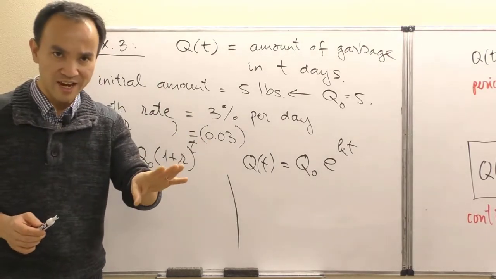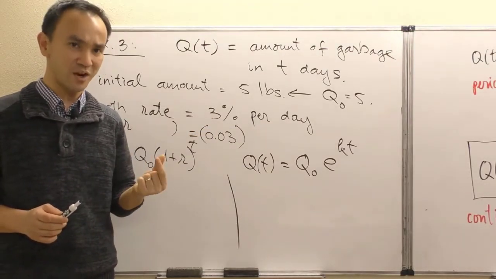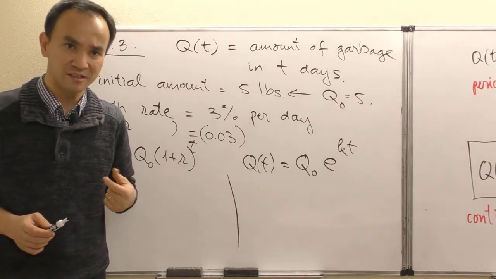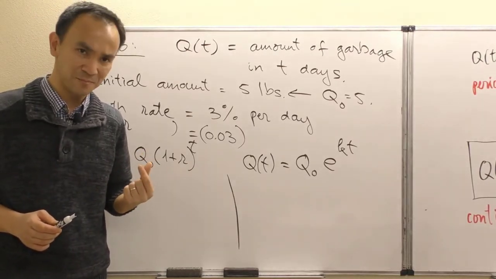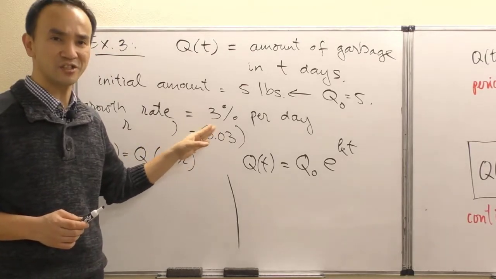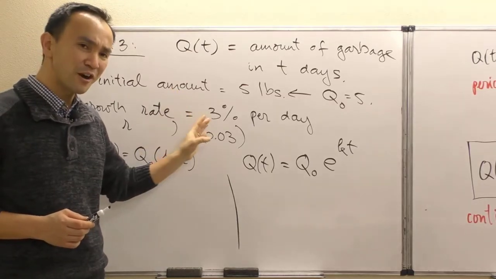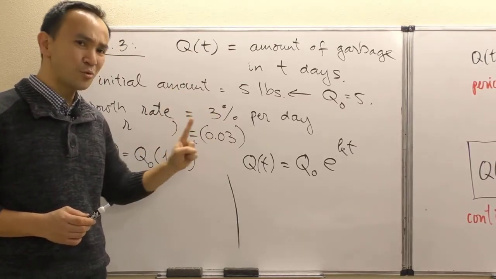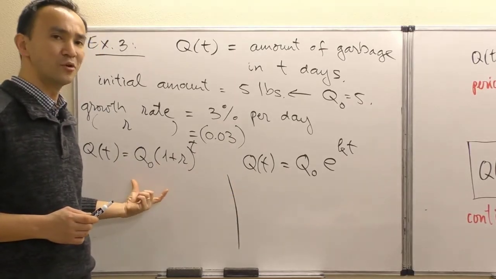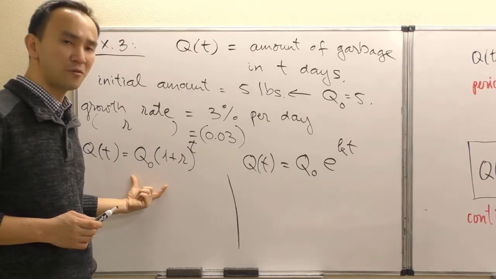There was nothing indicated like that. Nothing indicated that the rate given here is a continuous rate or relative rate, according to Professor James Stewart, according to his way of wording it. And so that's why here we can simply regard this rate as some general or generic periodic rate. And that's why among the two models here, this is the more direct one. This is the better suitable one right here.